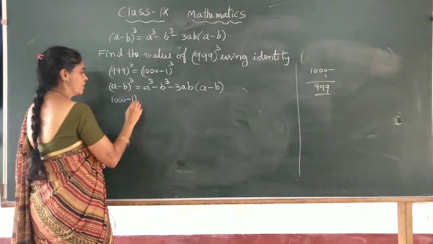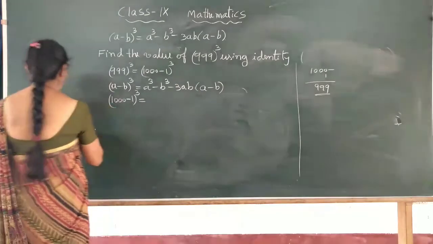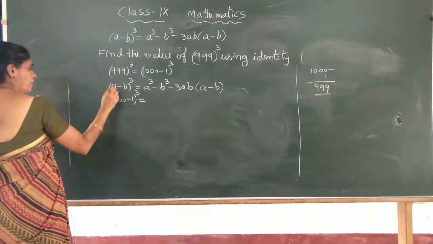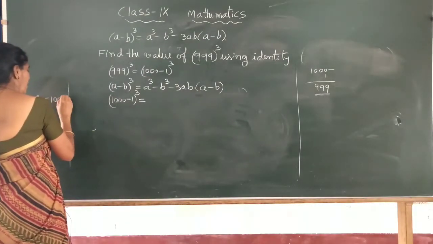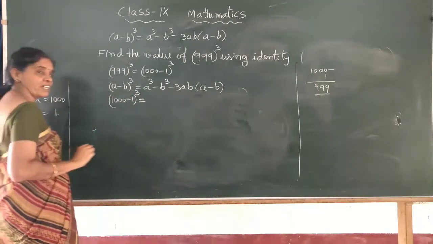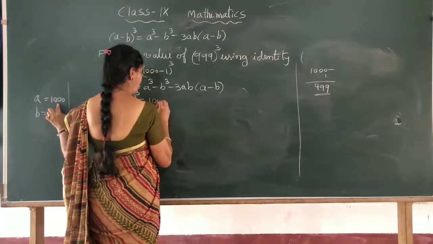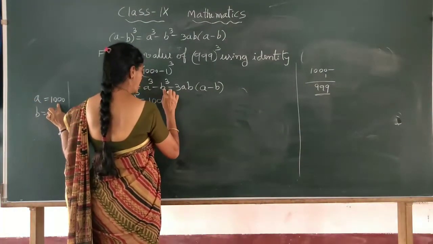1000 minus 1 cube is equal to, now what is a in this problem? The a place value is 1000 and the b place I have 1. Right? Now write a cube. A cube in the problem is 1000 cube minus b cube.